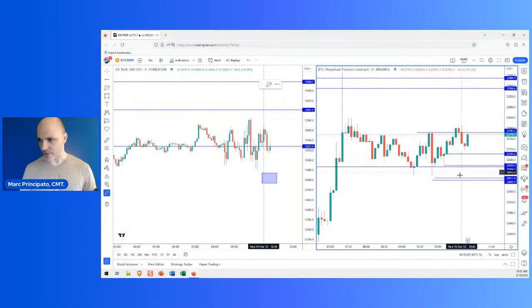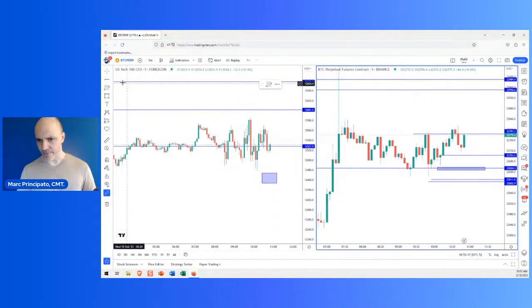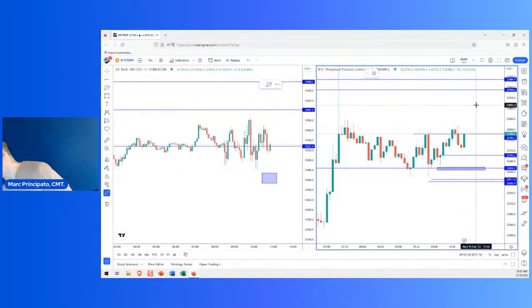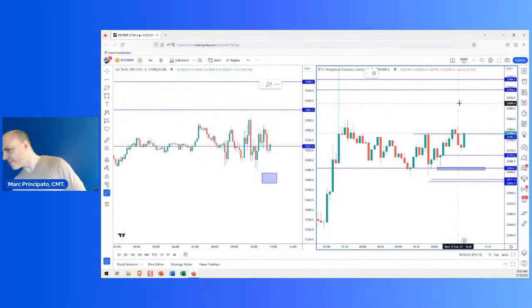So my stop here, let me clear up some of these lines. Actually, I'll draw it with rectangles here. So my stop is here, basically right there, right? In this area right here. That's where my stop is. And my target is at 895. That's up here.